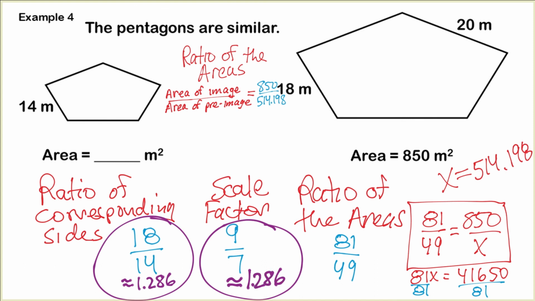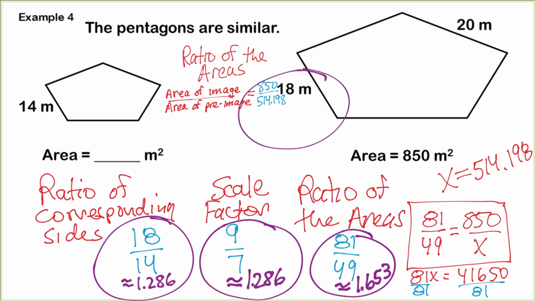And when I take the ratio of the areas, it's approximately 1.653. And finally, when I divide the actual areas, 850 divided by 514.198, it is approximately 1.653.